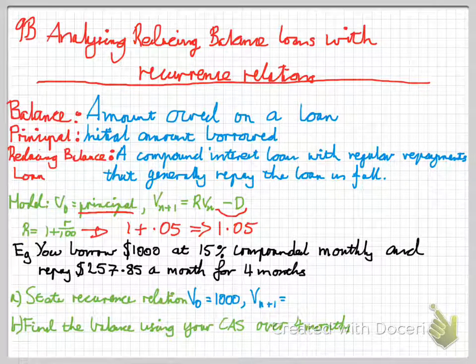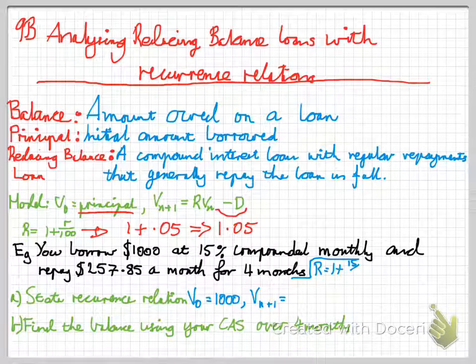Now R is going to be equal to 1 plus the rate of interest, which is 15%, divided by 12 because it's monthly, over 100.